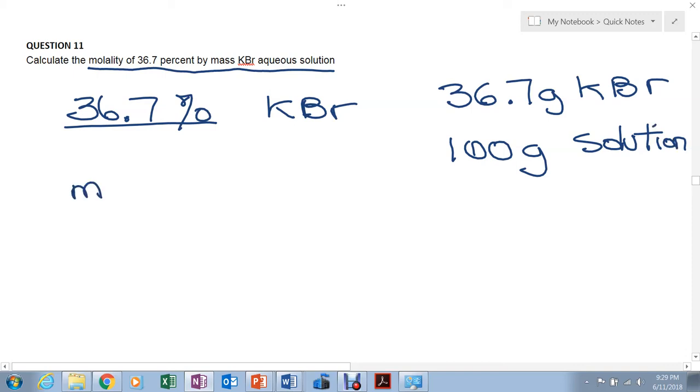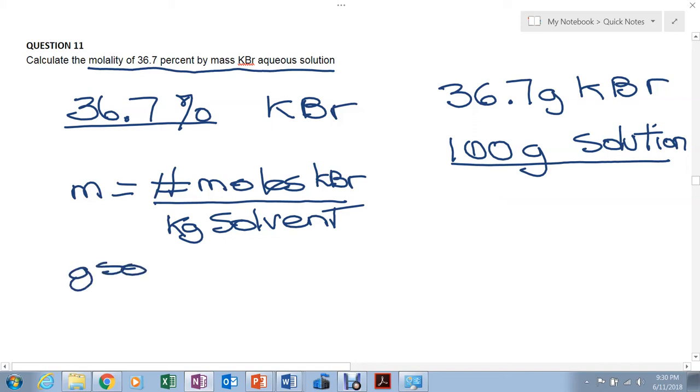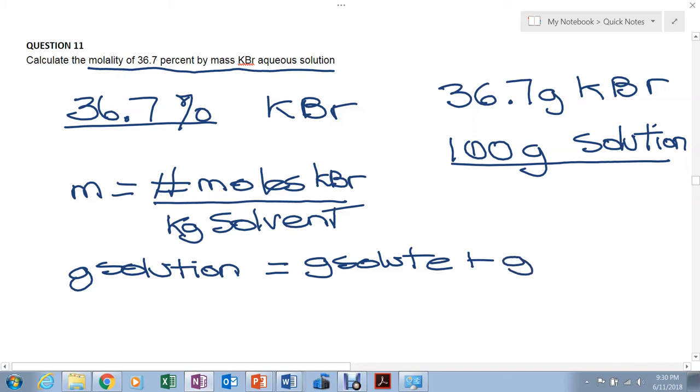Again, if the problem is asking for molality, it's the number of moles of KBr in kilograms of solvent. But be careful: the kilograms of solvent is not the same as the kilograms of solution. Again, we have to use the little formula: the grams of solution equals the grams of solute plus the grams of solvent.